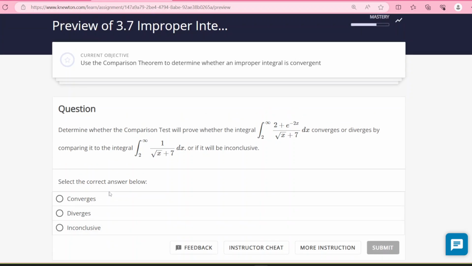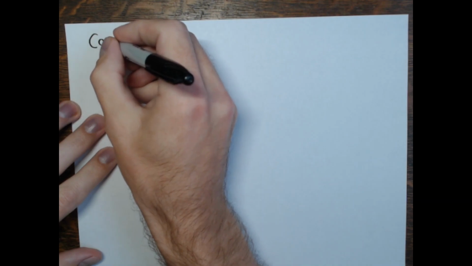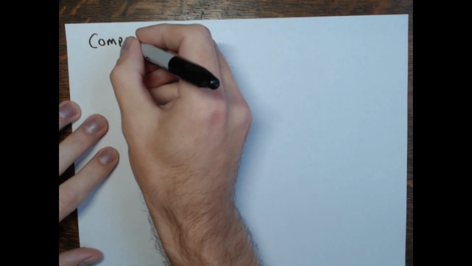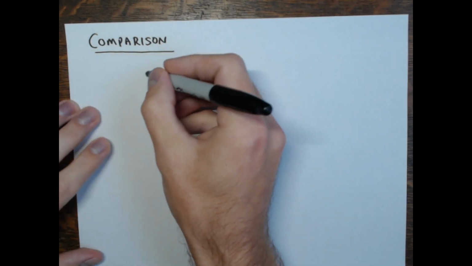All right, so before I get to this example, let me describe what this comparison theorem is stating. These are for integrals over some infinite interval. So comparison. And this is over some infinite interval.